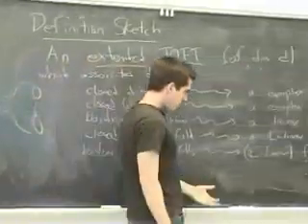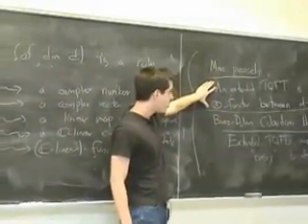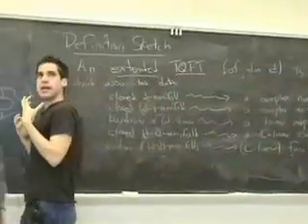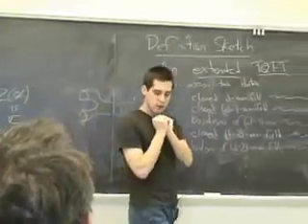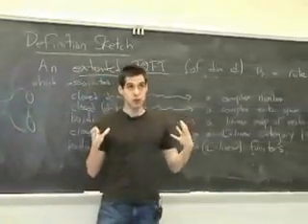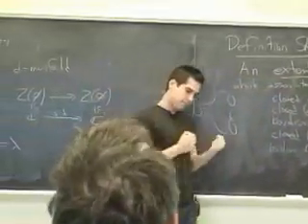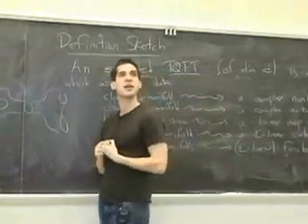And so saying that we have an extended TQFT, a tensor functor between d-dimensional categories, is supposed to be encapsulating the idea that we have a complete set of rules which will tell us how to compute the invariant that we're associating to a complicated manifold in terms of the invariants that we associate to some constituent pieces.